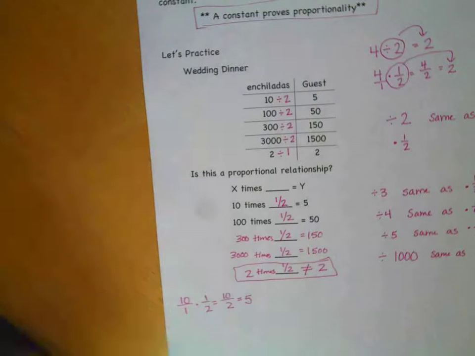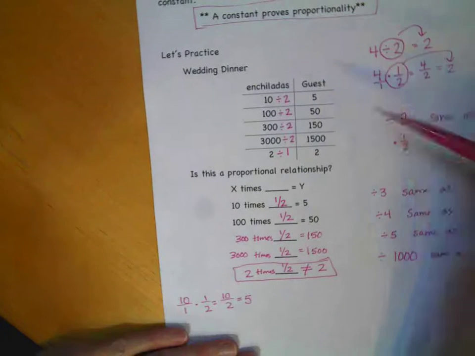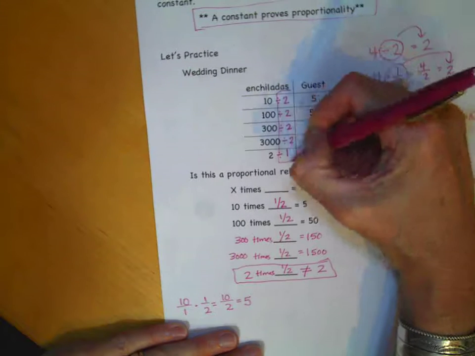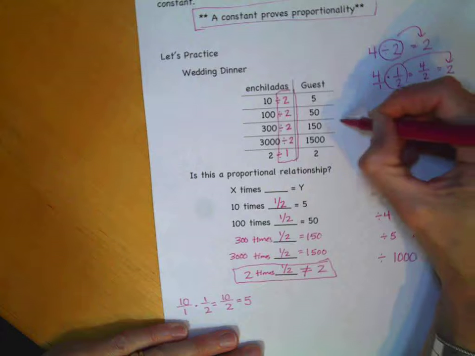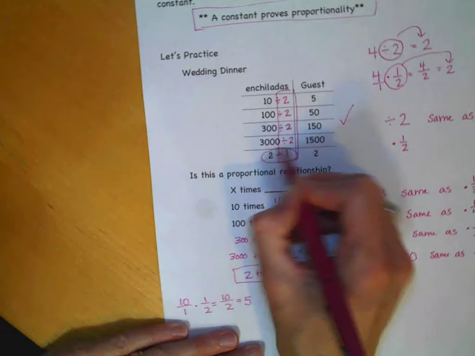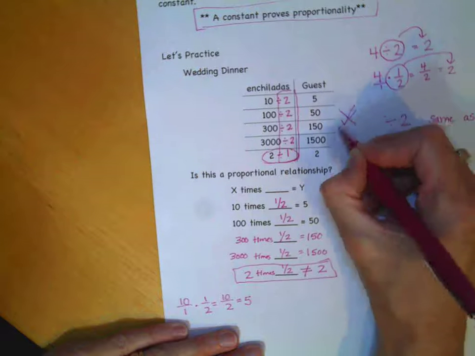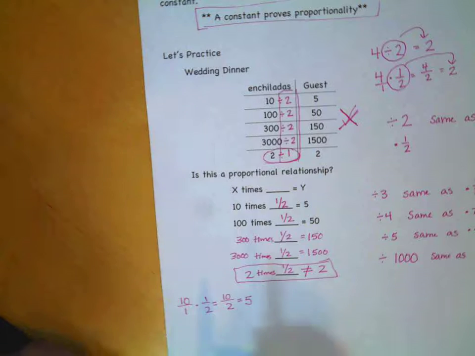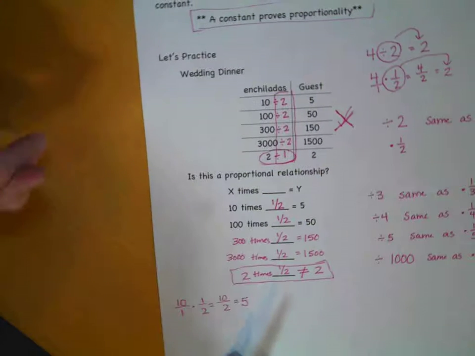This guy right here messes up the table. And why does he mess up the table? Because remember what I told you in the other example. If all of these are the same, then you have a proportional relationship. But this one right here is not the same, so it is not a proportional relationship.